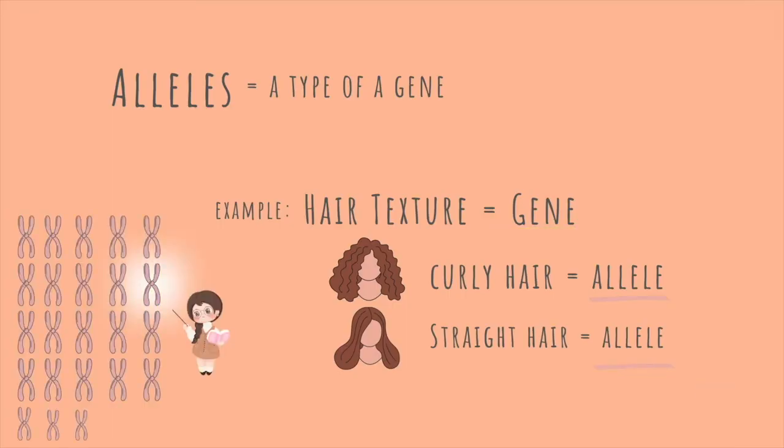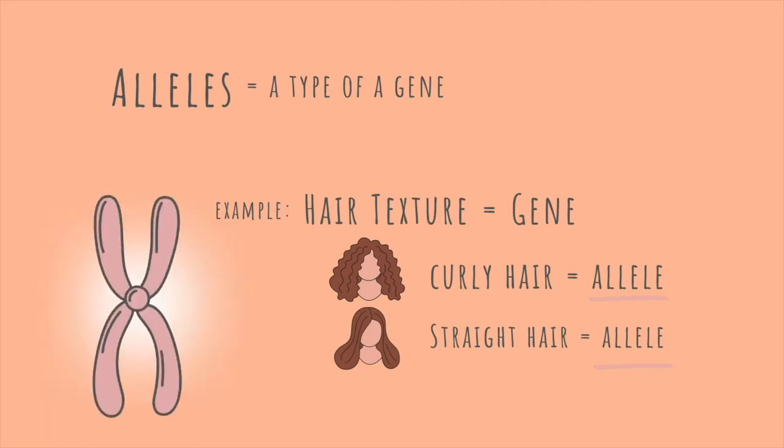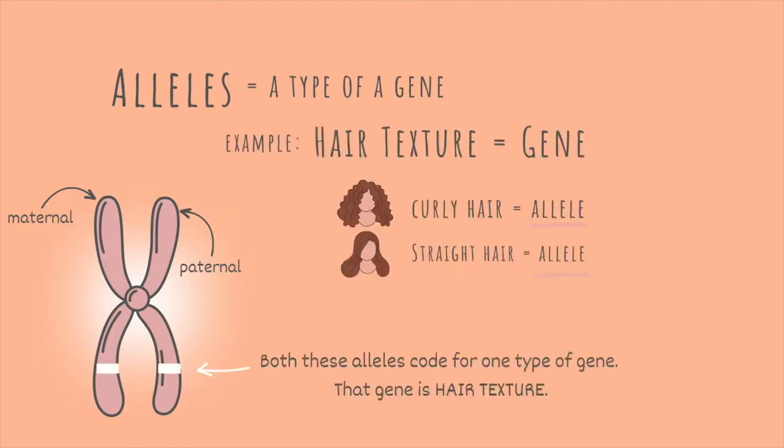Let's zoom into one of these chromosomes and find the alleles in them. Remember, one chromosome is made of two chromatids. One is maternal, coming from the female, and the other is paternal, coming from the male. So here we will find our alleles. Both of these specific alleles code for one type of gene. That gene type is hair texture.